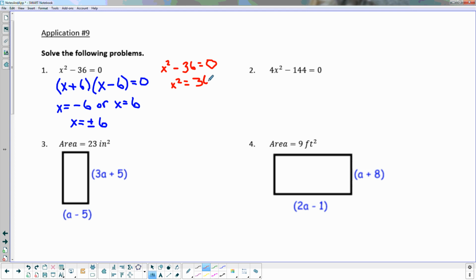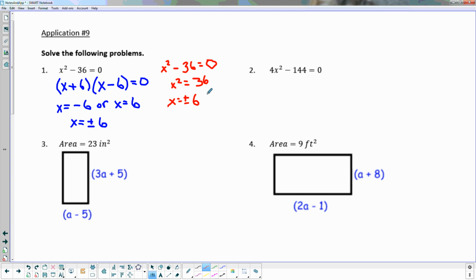And what we did back then was take the square root of both sides. I really only made you say that the answer was 6, but I did mention that it's the plus or the minus, because if I look at what number squared gives me 36, it's either 6, because 6 times 6 is 36, or it's negative 6, because negative 6 times negative 6 is also 36.